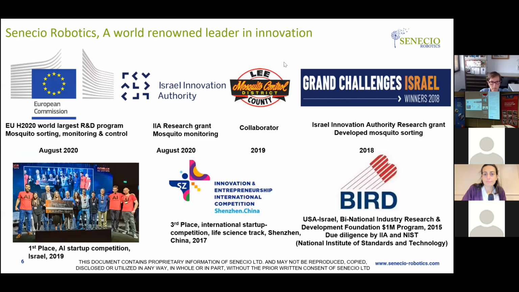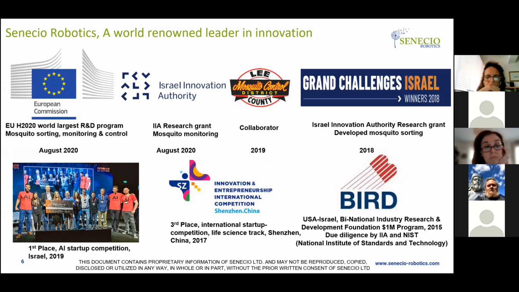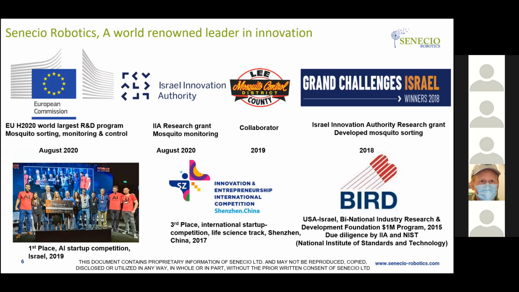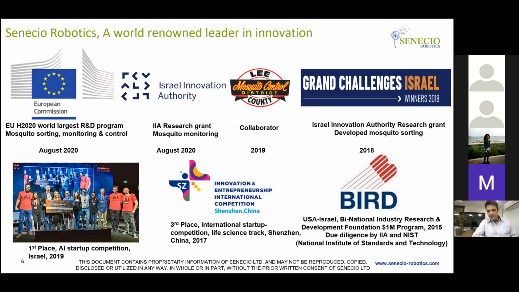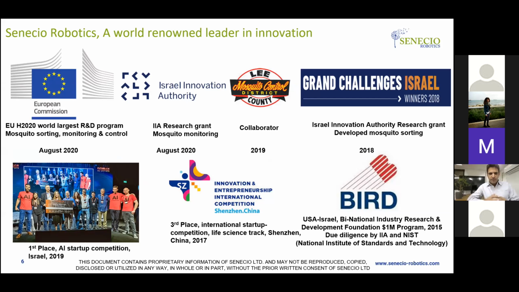So who are we? We are an Israeli startup. We are leveraging automation and AI to scale up both monitoring and control. For the control, we are building a complete automated sterile mosquito factory.